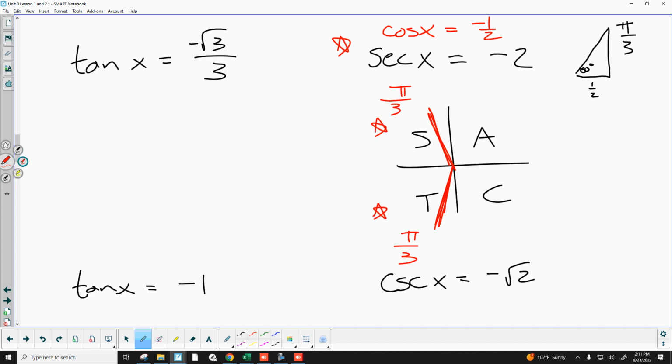How do I figure these out? I start with pi. Pi is 3 pi over 3. I am just going 60 degrees that way and 60 degrees that way. That means I'm subtracting and adding 1 pi over 3 to 3 pi over 3, giving me 2 pi over 3, 3 pi over 3, 4 pi over 3.